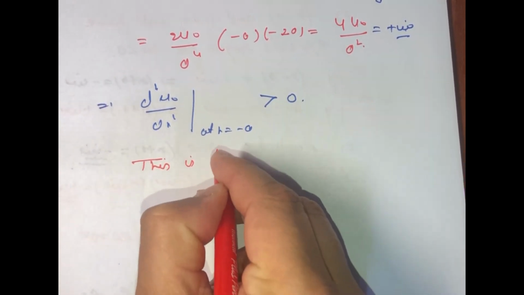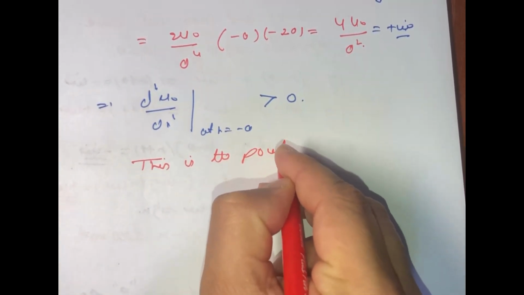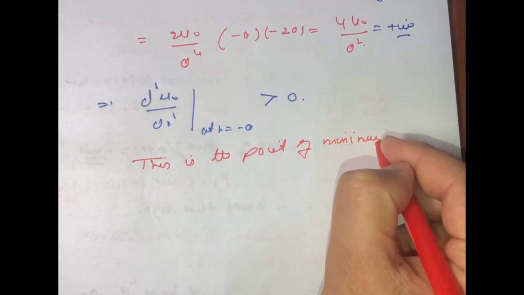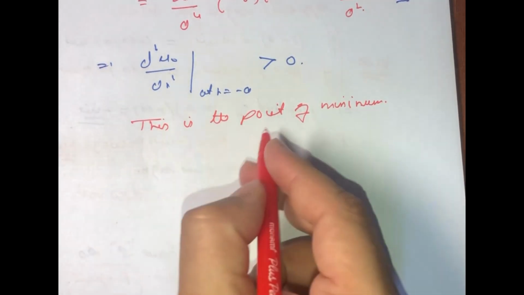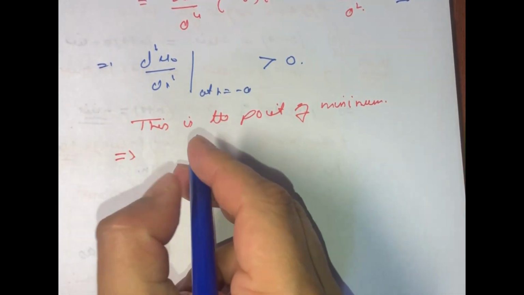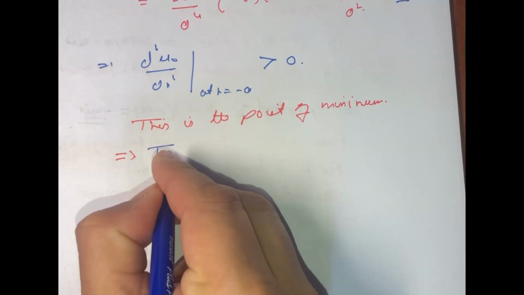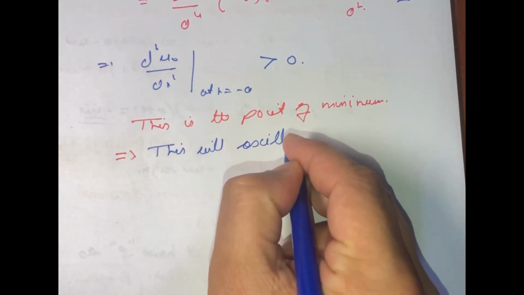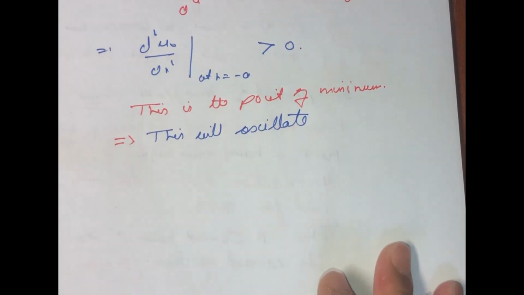This is the point of minima, and therefore it will oscillate at this point. And let us find out the energy.